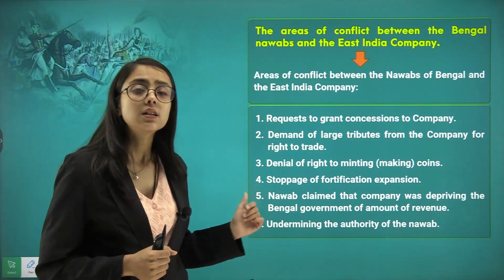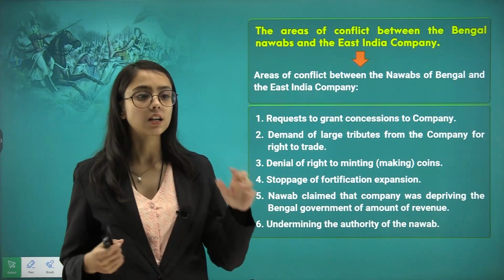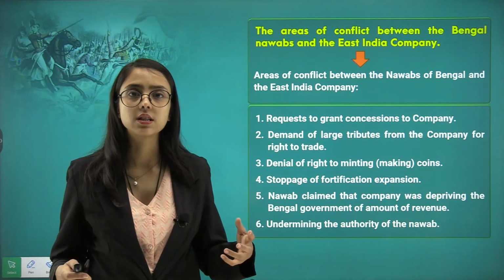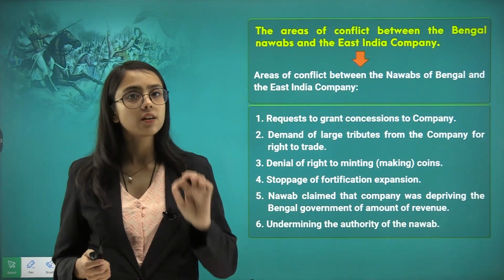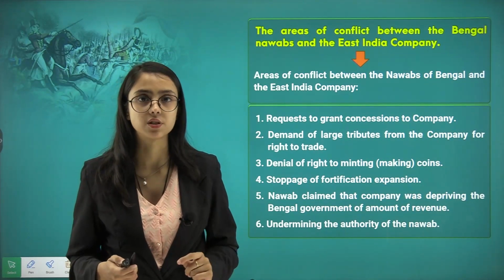The East India Company started undermining the authority of the Nawab. They started capturing areas, making their own rules and policies, and dictating their own policy and trade system. In a way, they were overruling the authority of the Nawabs.